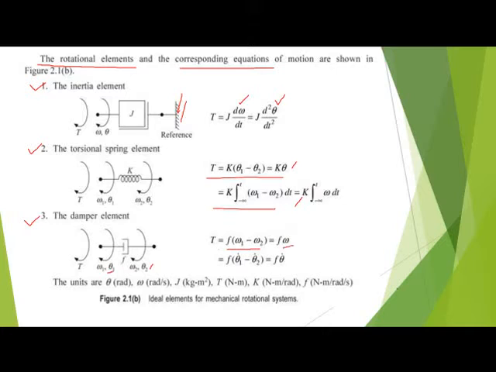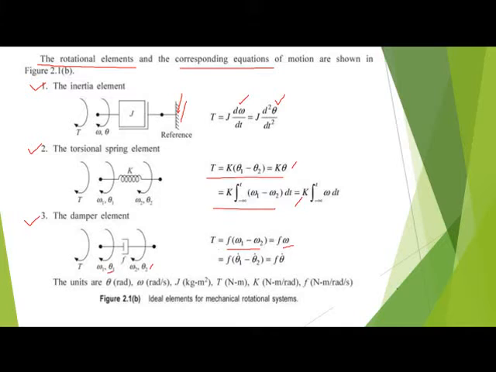Therefore in terms of angular displacement, omega is the rate of change of angular displacement, equal to angular velocity. Therefore T equals F into d by dt of (theta 1 minus theta 2). This is a difference, the difference between the starting angular displacement and the end angular displacement, that is the angular displacement between theta 1 and theta 2.